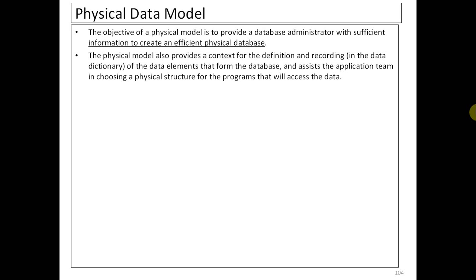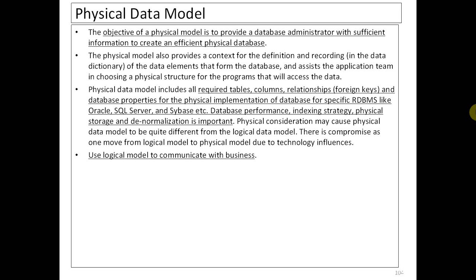So the physical data model provides a context for the definition and recording of the data elements that form the database, and assists the application team to choose a physical structure for the program that will access the data. One can use logical models to communicate with business.